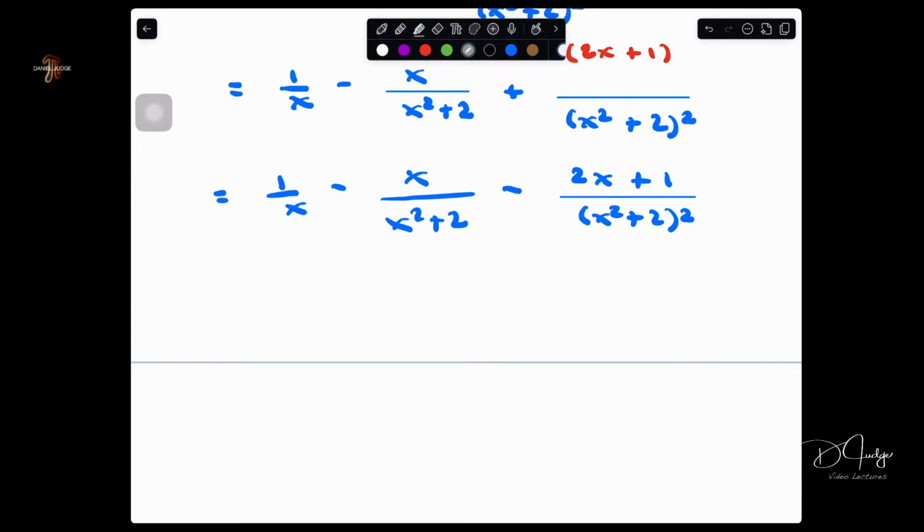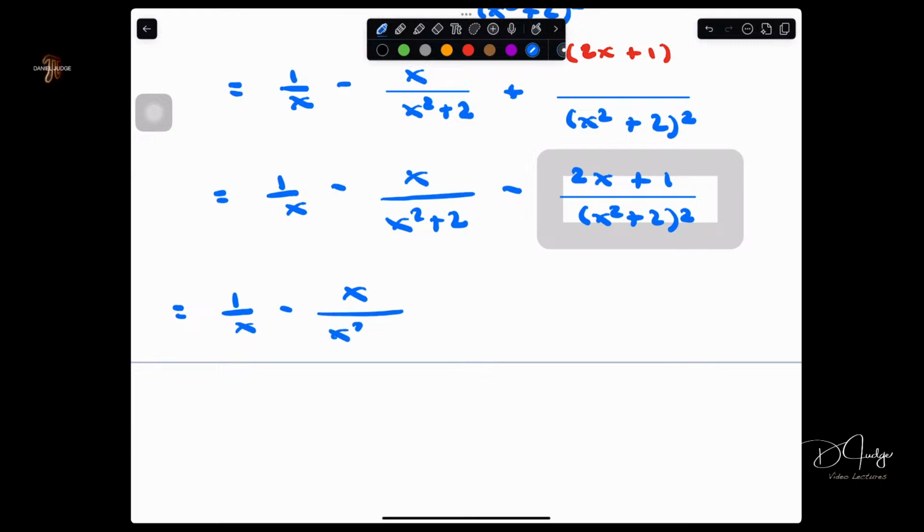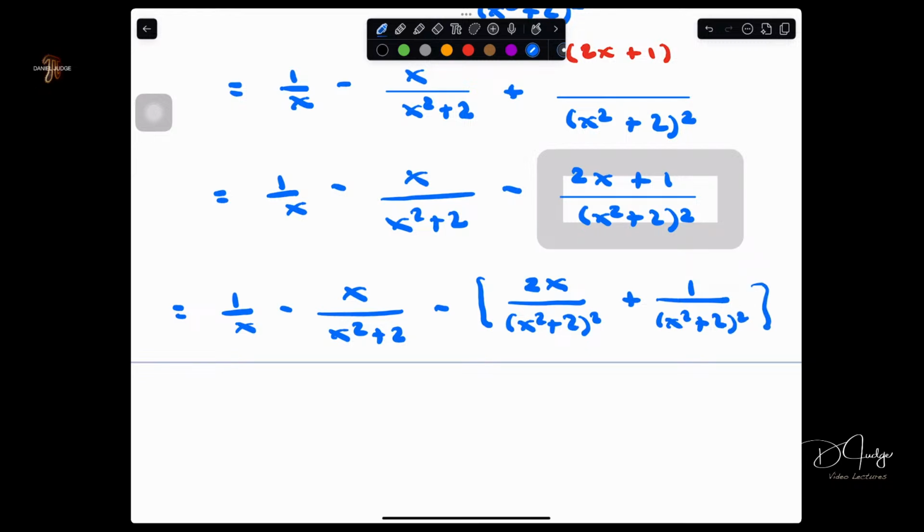And we'll do a little bit more algebra here. This is a sum, by the way, where both terms are divided by the x squared plus 2 squared.